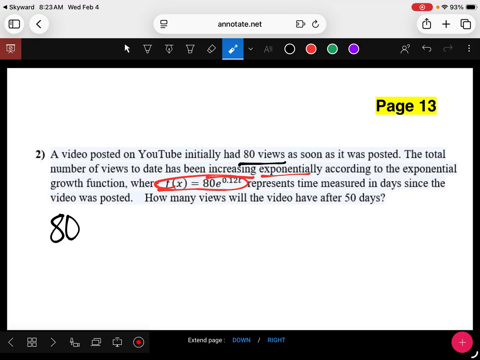All right, so it's 80E 0.12. It is positive because it's increasing. T is the time in days. So we want to know how many views after 50 days. So that means T is 50. Now your number should be going up instead of going down.